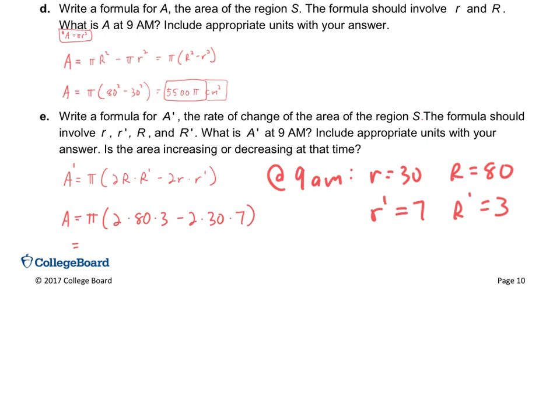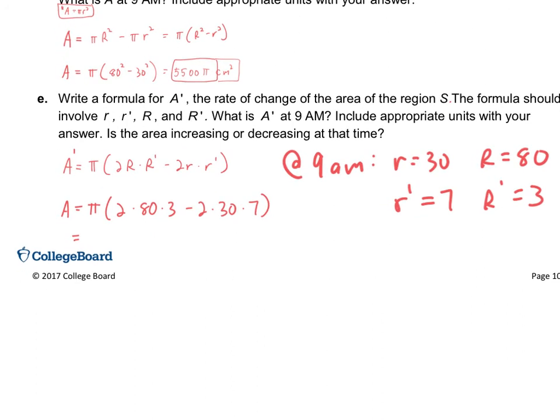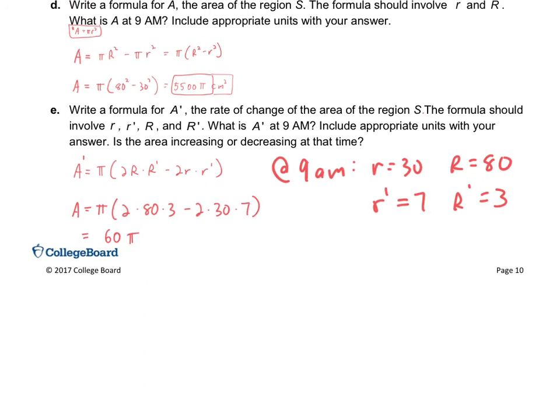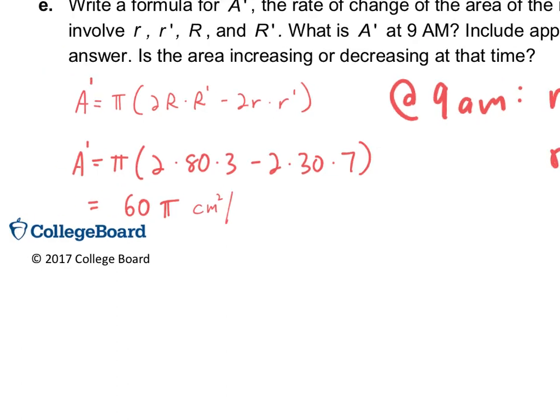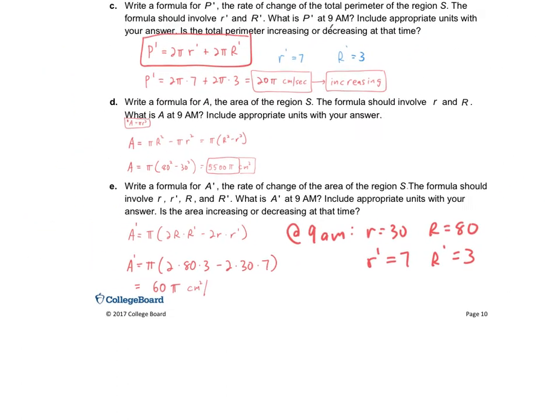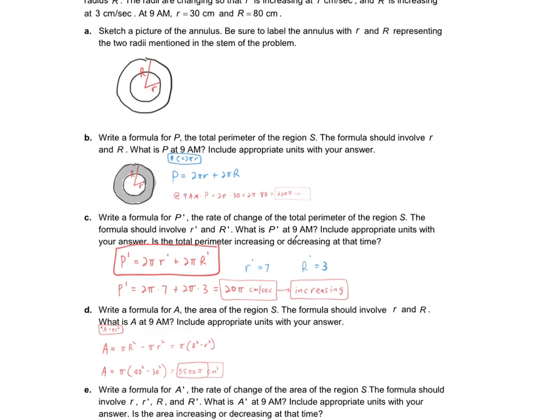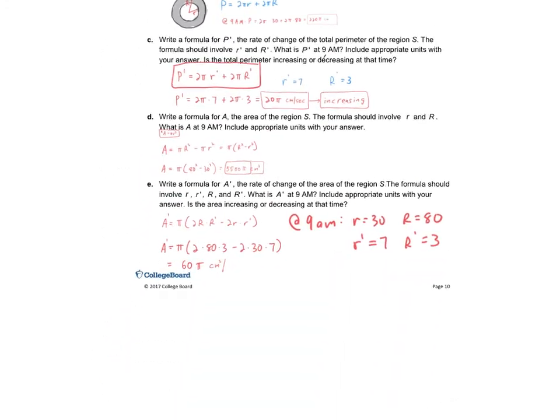So I guess that's 60 pi. And then that's centimeters squared per whatever unit of time they're using. Seconds.